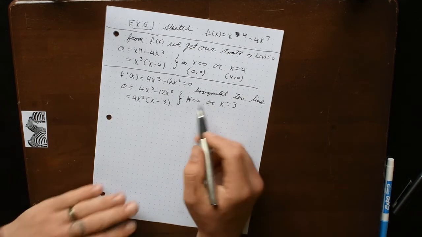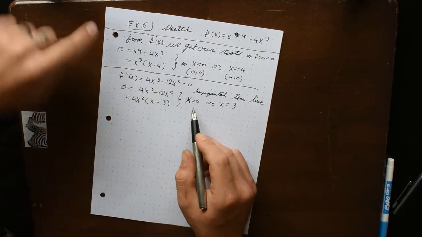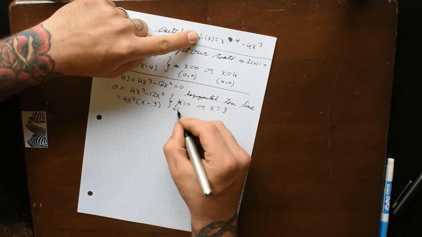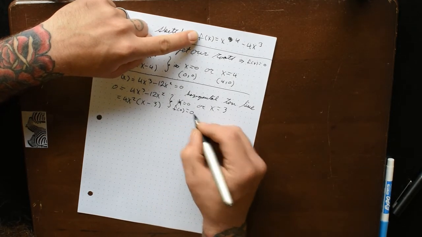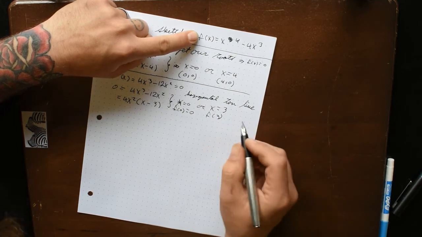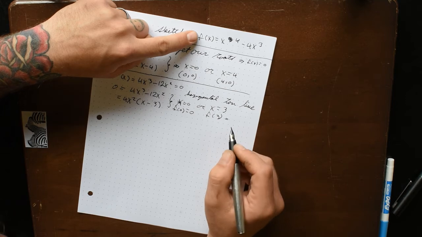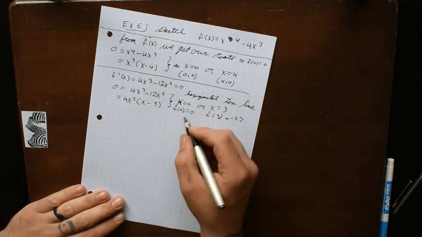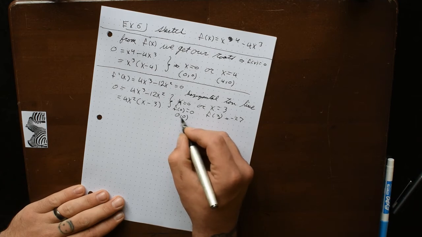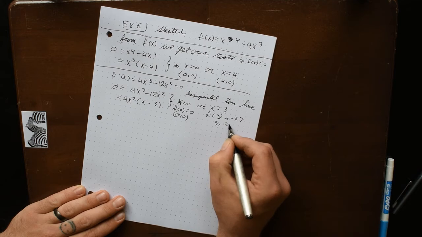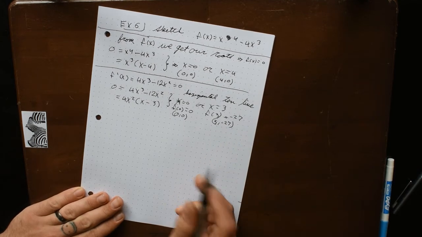We can go back to our original to figure out their y values. f of 0 is equal to 0, and f of 3 by magic is equal to negative 27. So at the point 0, 0, and at the point 3, negative 27, we have a horizontal tangent line.